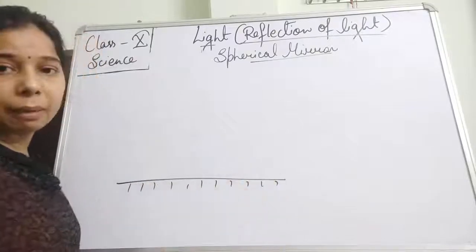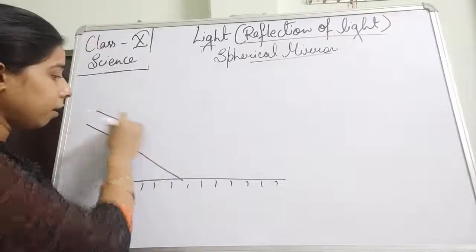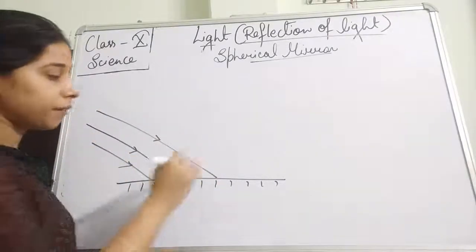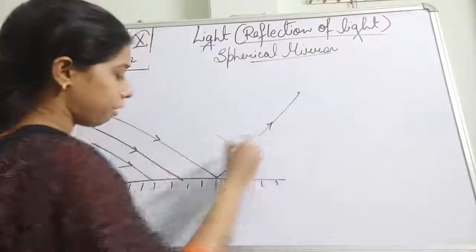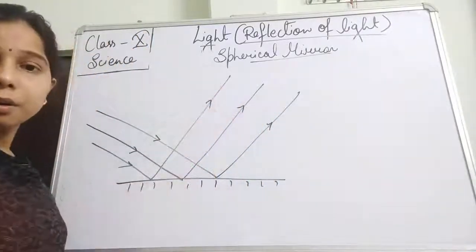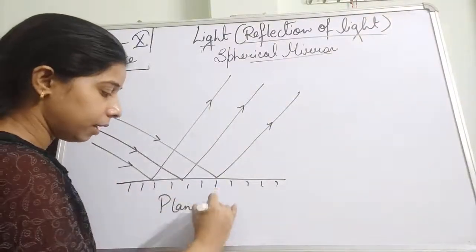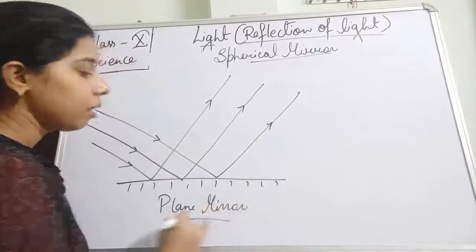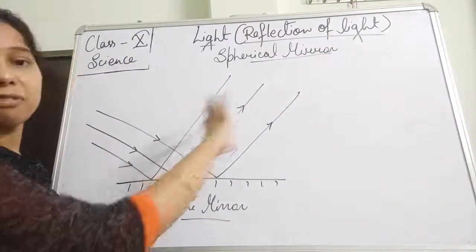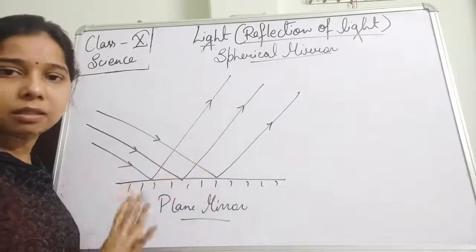This is the plane mirror. We have seen that in a plane mirror, when a parallel beam of light falls on the surface, it gets reflected parallel to each other. So in the case of the plane mirror, when the parallel beam of light falls on the surface, it gets reflected in the same way.